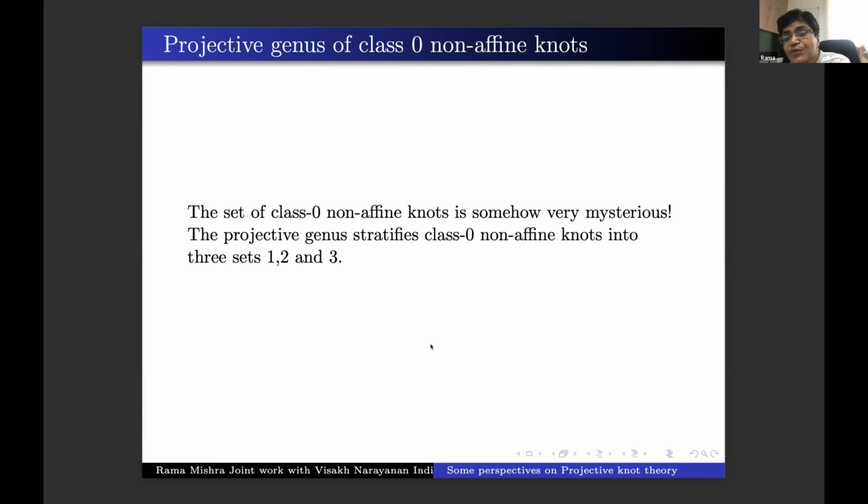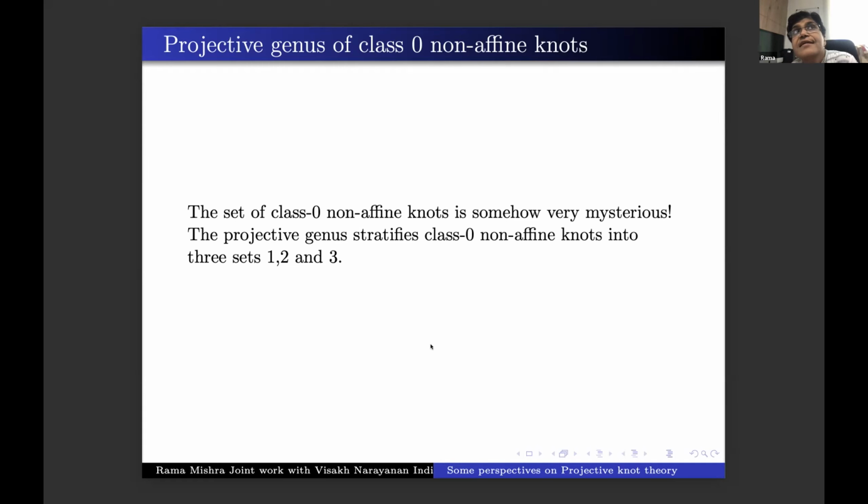You can produce examples. Here it's a link, so you can always have two-component links with a different linking number, and when you come down, here you might have something equivalent, but when they go into RP3 they might not be the same.